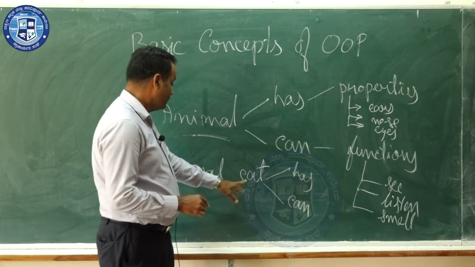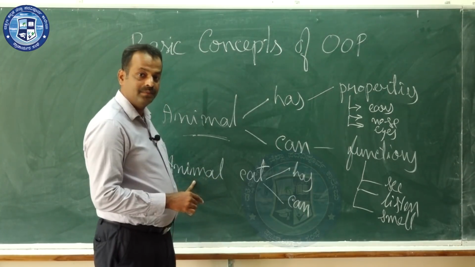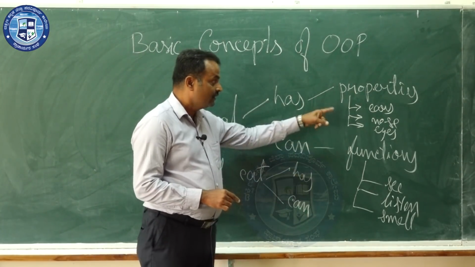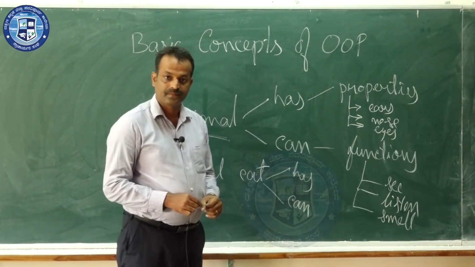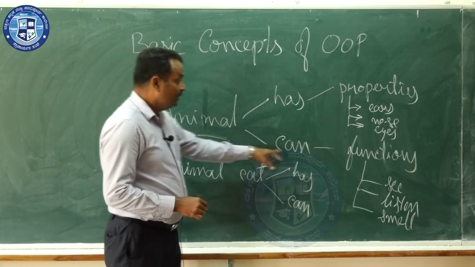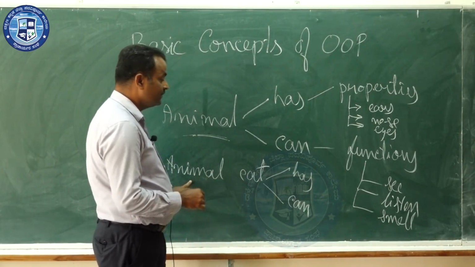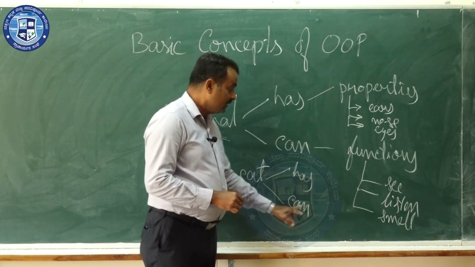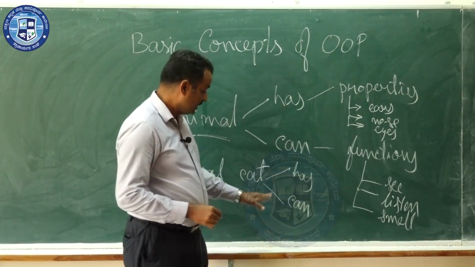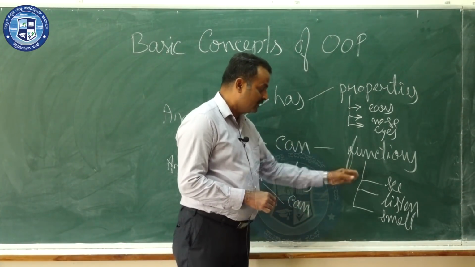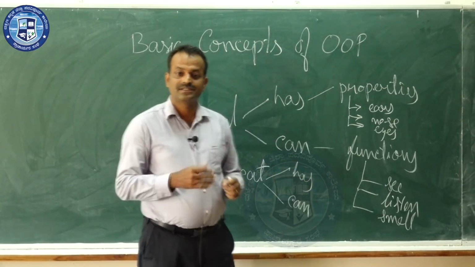Likewise my cat is of the type animal, so it has ears, nose and eyes. Since cat is of the type animal, cat can perform functions like see, listen, or smell.